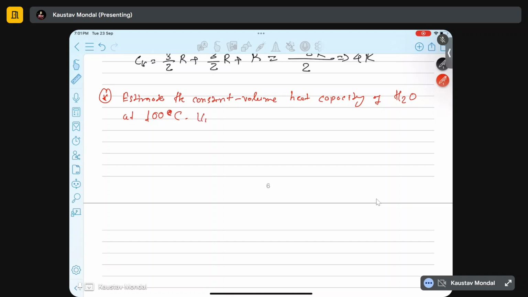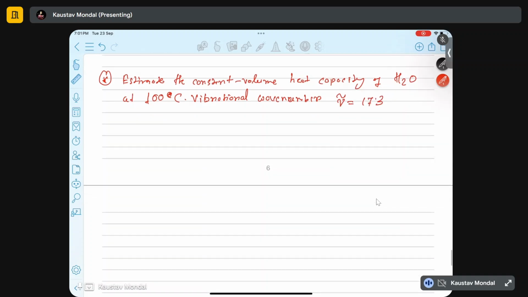Here the vibrational wave numbers are given. The vibrational wave number ν tilde is 17.3, and since H2O is a non-linear molecule, its rotational constants are given.